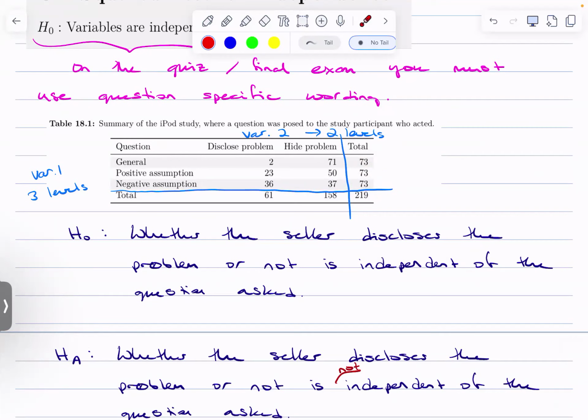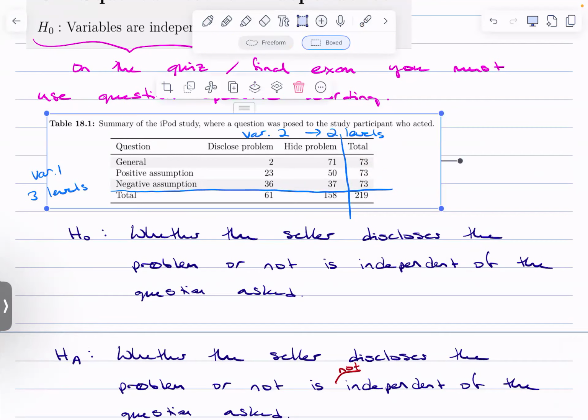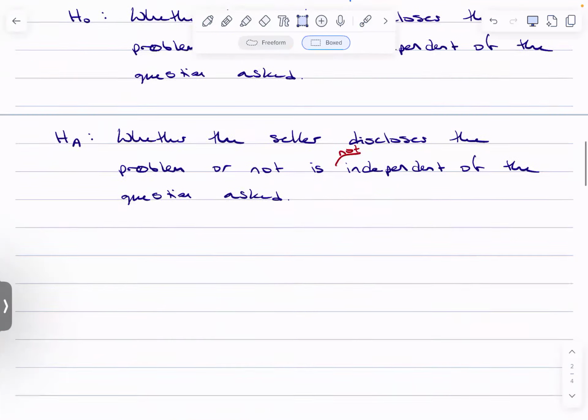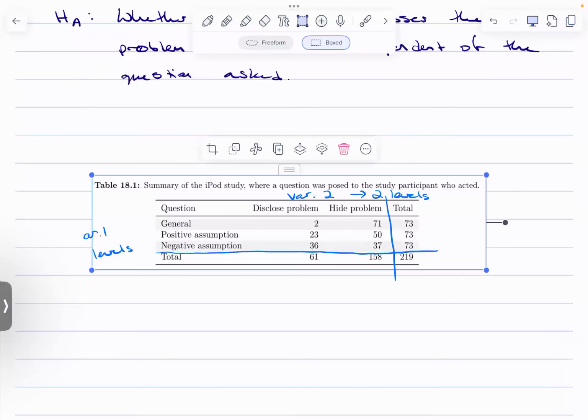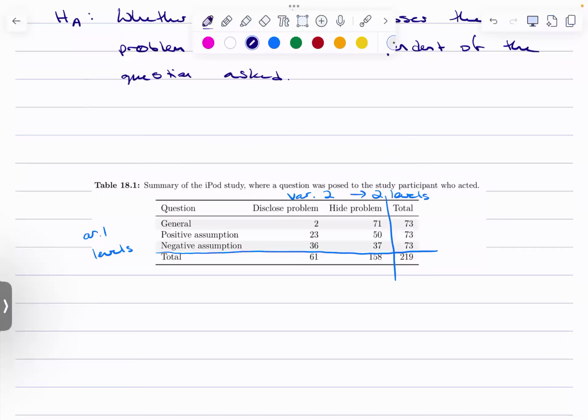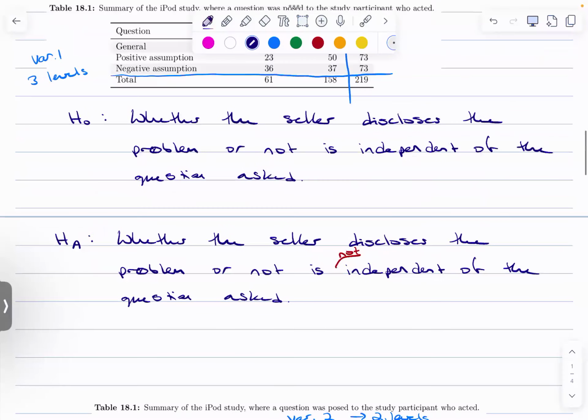Like I said, I want to copy this because that's going to be step one in a hypothesis testing question: state the hypotheses.